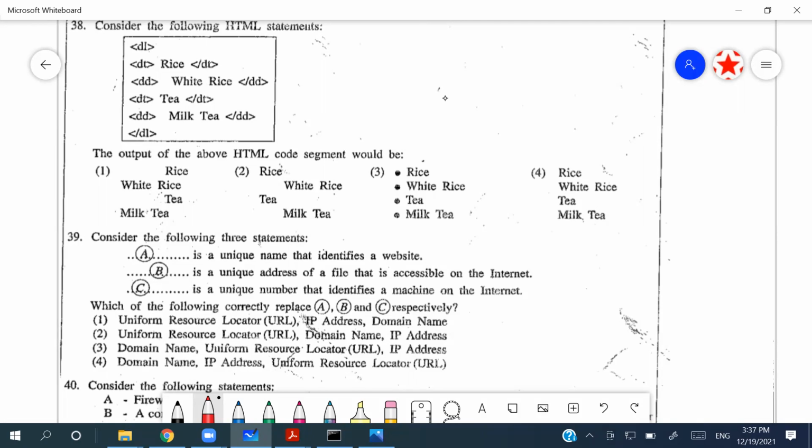And B is a unique address of a file that is accessible on the internet. It's a unique address. Yeah, it's going to be uniform resource locator, URL, right? Then the last one, IP address, is a unique number that identifies a machine on the internet. So the third one is going to be the answer. Right, so for the 39th, it's the third one.